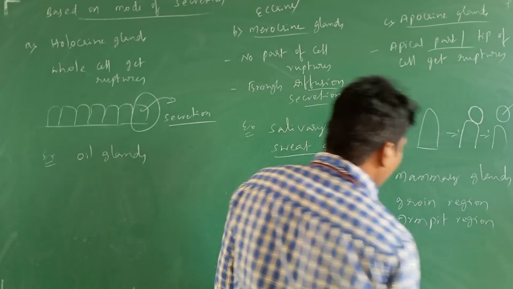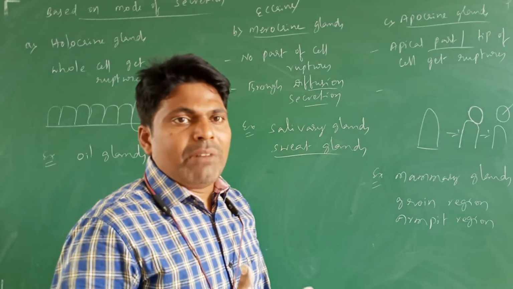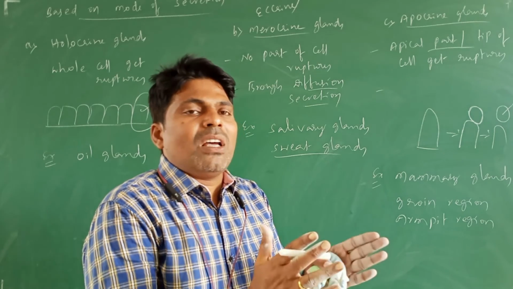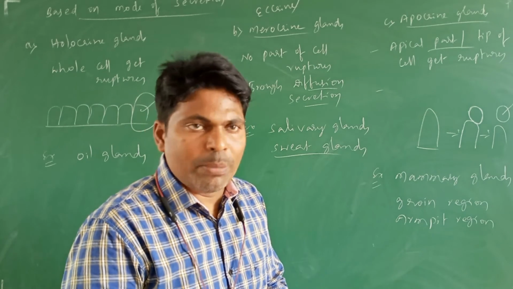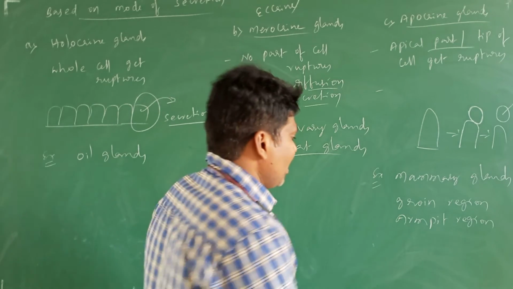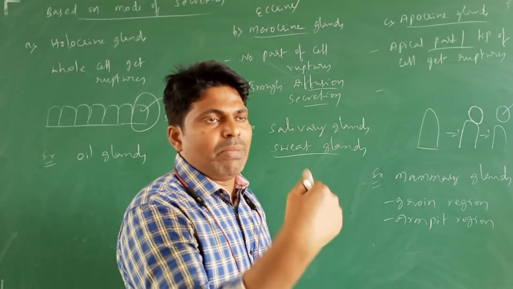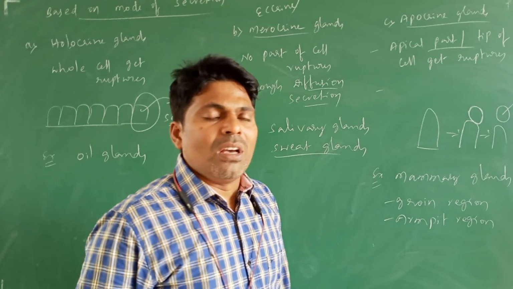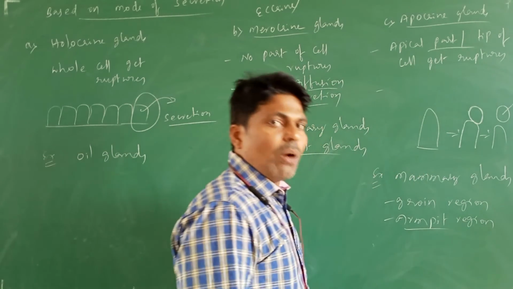The pelvic region, where the male and female reproductive systems are located in human beings, is the groin region. And the armpit is the area under the shoulder which has hairs.